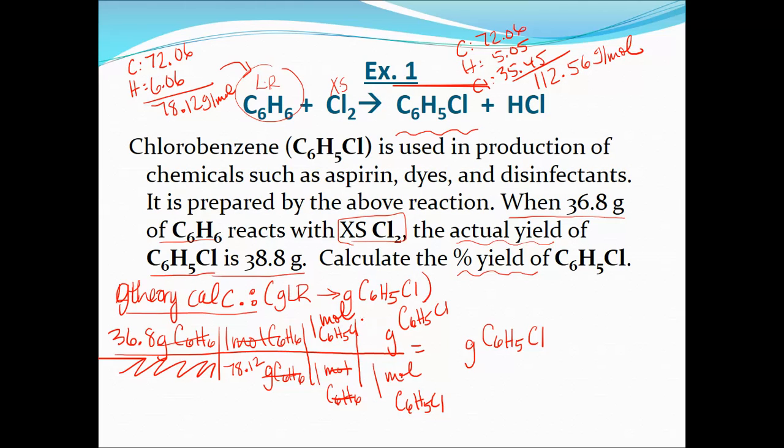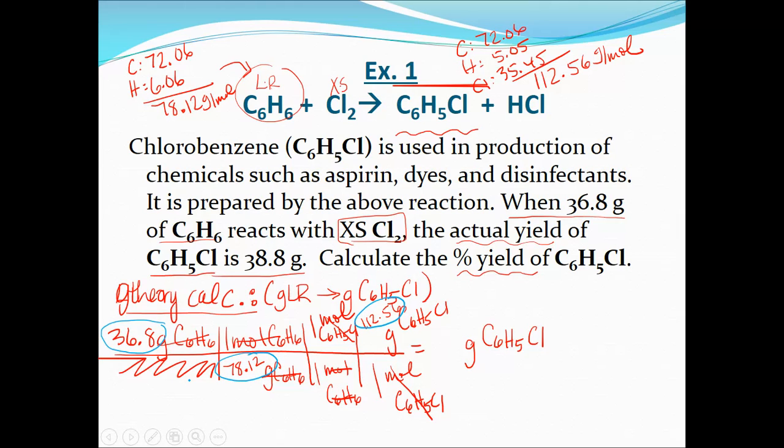That molar mass plugs in here, 112.56. So that's going to let moles of C6H5Cl cancel. So let's take a look at the numbers we need to plug in our calculator. So our numerator, 36.8 times 112.56. And the only number in the denominator down here that we have to divide by is the 78.12.